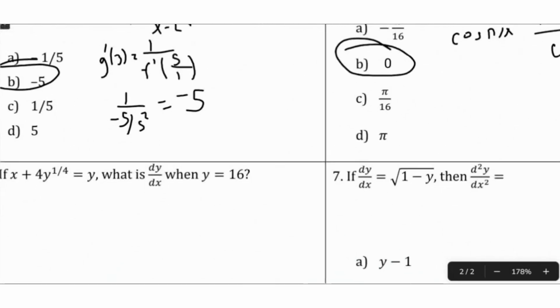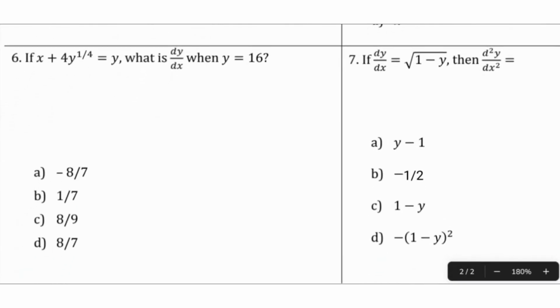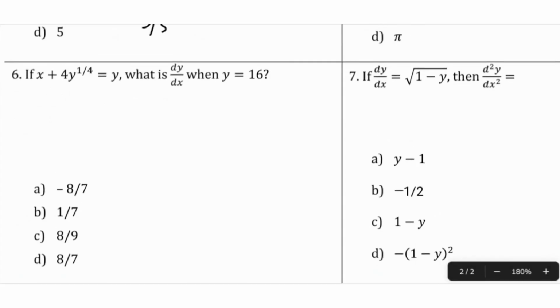Moving on, we have number 6 here. If x plus y to the 1/4 equals y, then what is dy dx when y equals 16? So the derivative of x is just 1, plus 1/4 times, now we use power rule here, we bring this 1/4 down, multiply by y, so the 1/4 minus 1 is just negative 3/4.